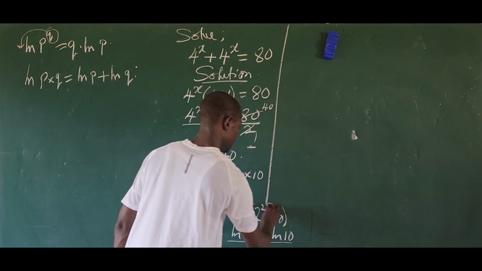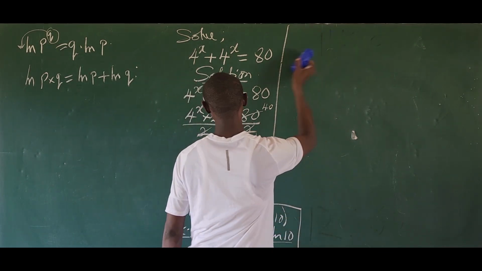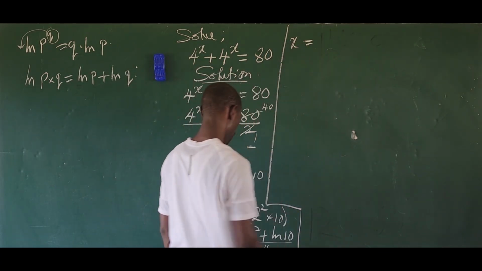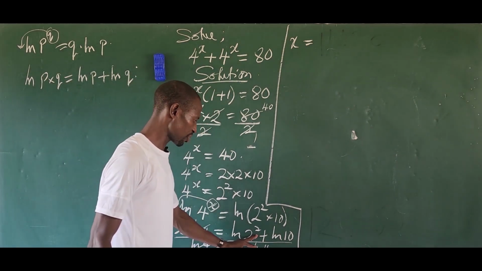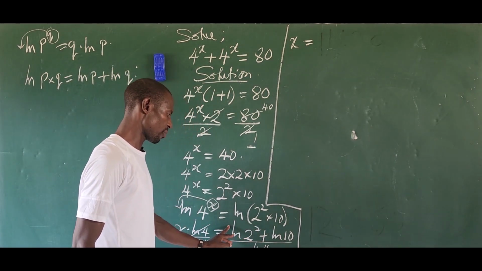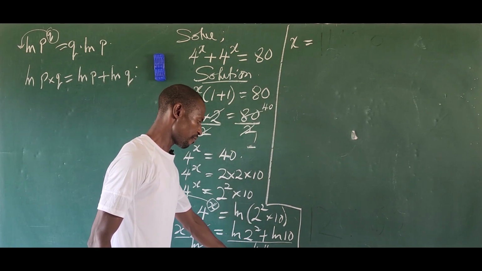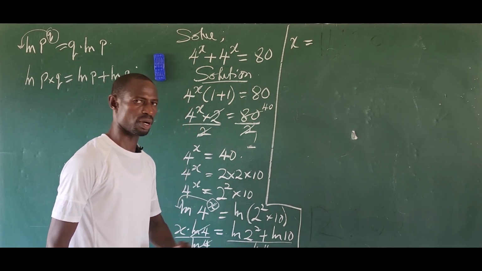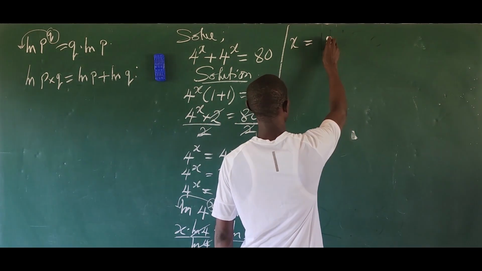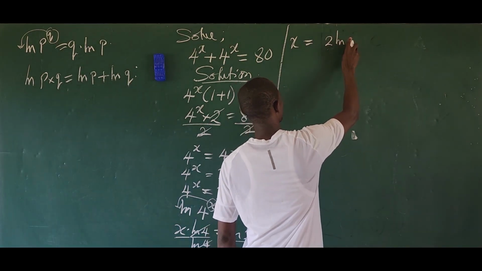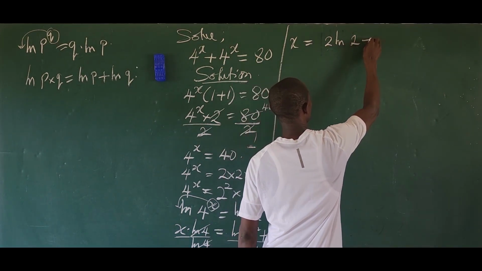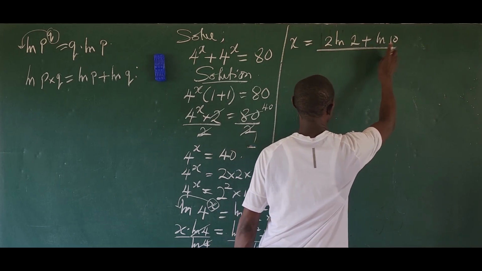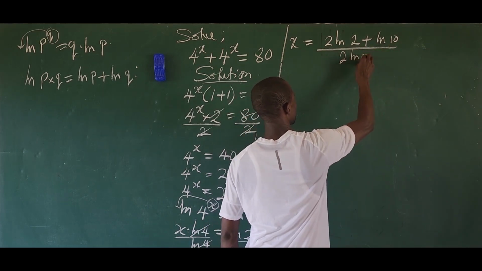So we are now left with just x on the left hand side. So x will now be equal to this expression we have here. We're going to move this power backward, and 4 can be written as 2 to the power of 2, and we're going to move the power backward also. So this is going to give us 2 ln of 2 plus ln of 10, everything all over 2 ln of 2.